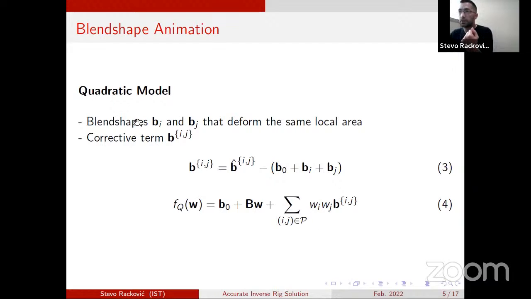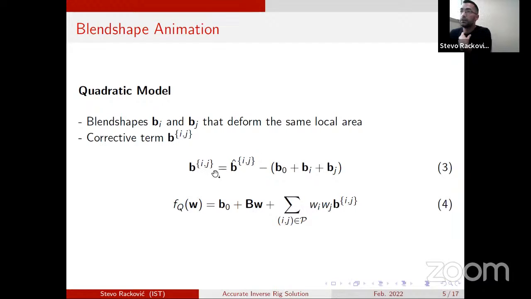For example, it happens if we have 2 blend shapes that affect the same region of the face. They would often produce some artifacts if they are activated together. We can have some cracks or some non-realistic deformations in some of the regions.